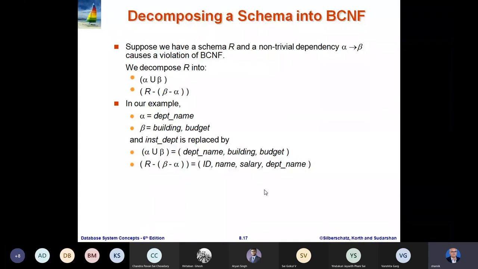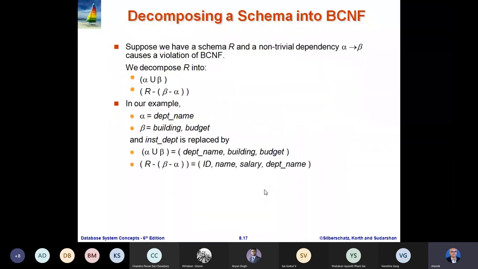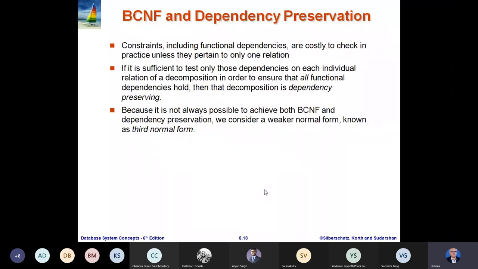And for that reason, when we are decomposing a schema which is not in BCNF to get BCNF schemas using this formula, what can happen is that the resulting schemas are such that for checking certain functional dependencies, we may have to join them to actually be able to check them.